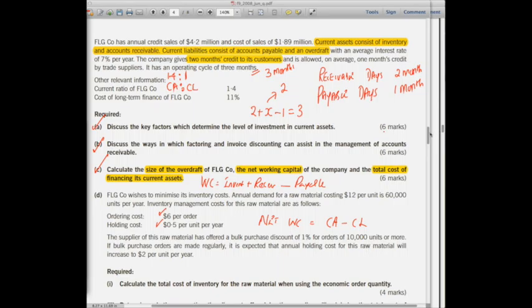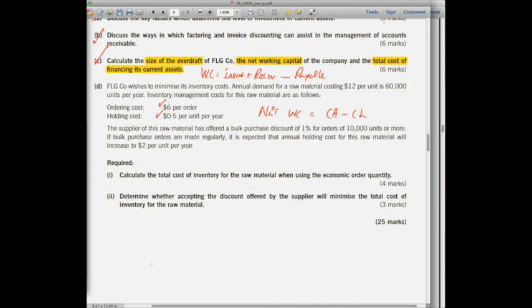Look at the next question. Determine whether accepting the discount offered by the supplier will minimize the total cost of inventory for the raw material. If you order anything more than 1,200, what's going to happen? Your ordering cost and holding cost together will be more than 600.